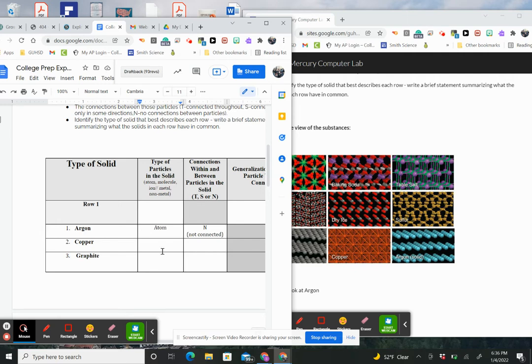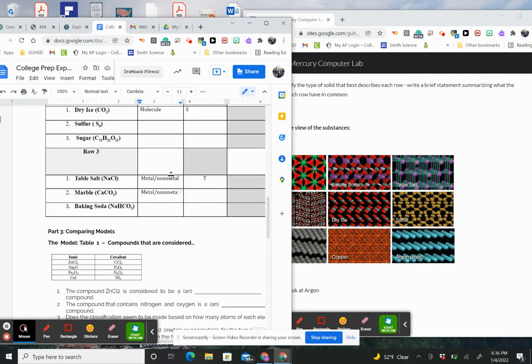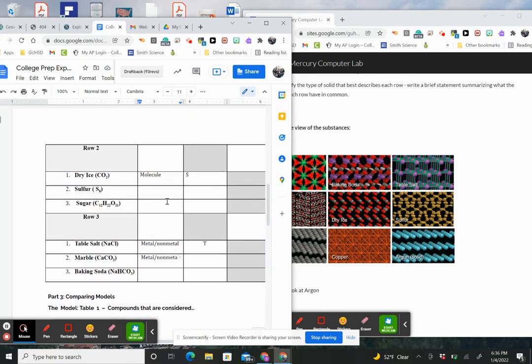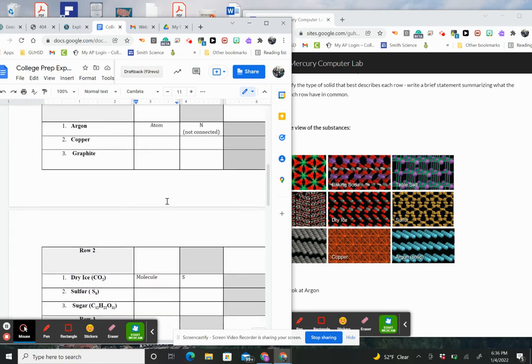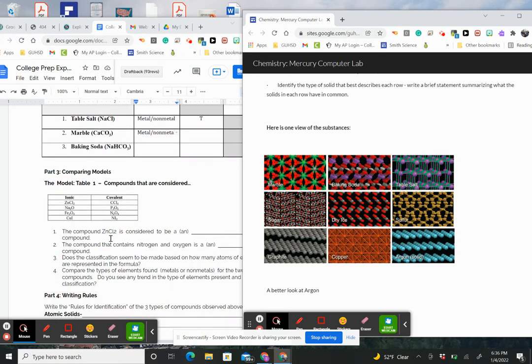For all of these in row 3, we're going to have metal, nonmetal. I'm realizing as I'm filming this that rows 1, 2, and 3 are actually flipped here because really it's row 1, 2, and 3. It looks like I flipped those, and I apologize for that.